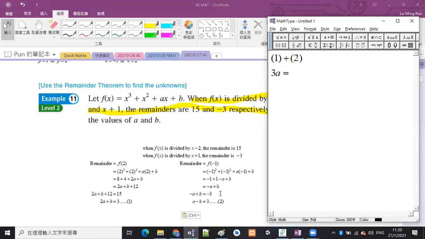And then the equal sign. For the right-hand side, the constant terms column, 3 plus 3 is 6. Okay, and then we can calculate the value of A to be 2.